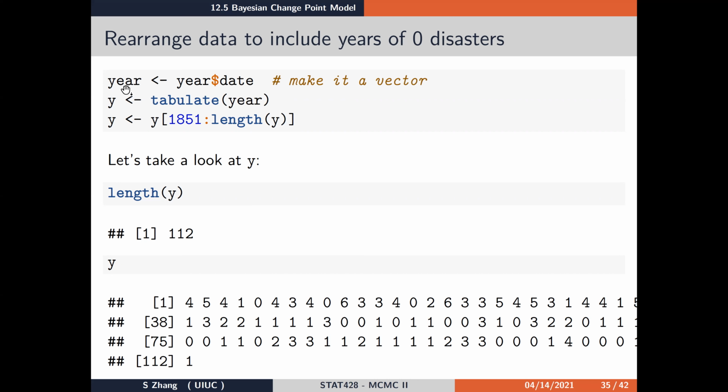This can be done by tabulating the year data and then taking the entries from 1851 to the length of y, so 1962. The resulting y is going to be a vector with length 112. And each of the entries will record the number of explosions that occurred in that particular year. And this count will be discrete and will be greater than or equal to 0.